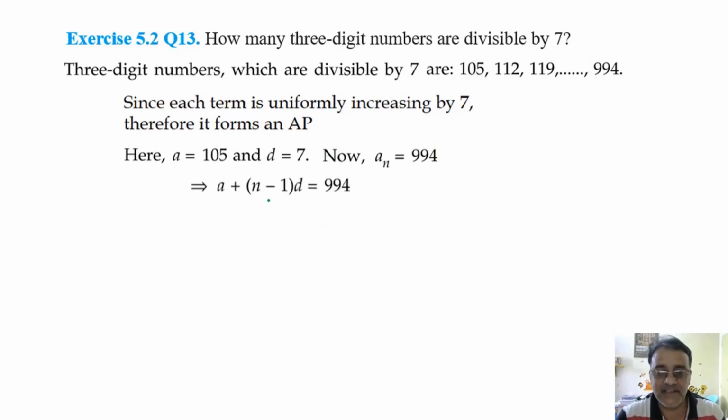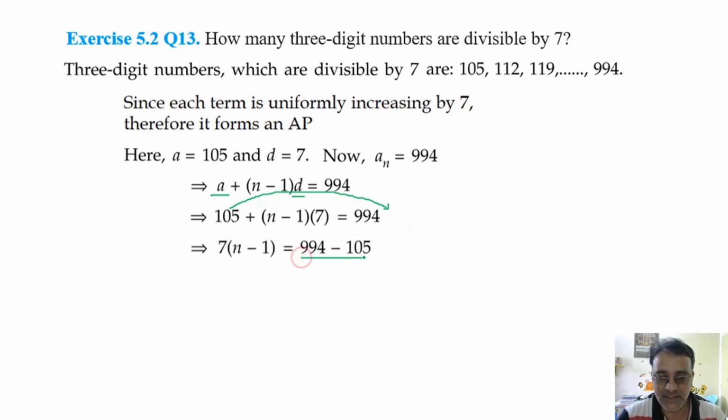Very good. Now we'll substitute all the values, a and d. The value of a is 105. The value of d is 7. If we shift 105 to this side, it will become minus 105.